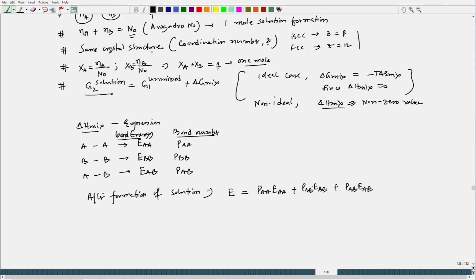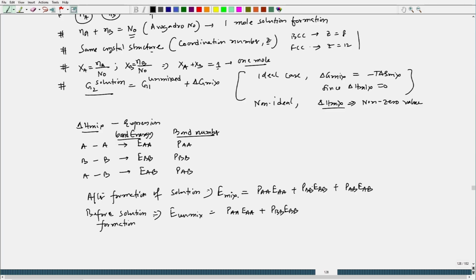This is after the formation of solution. But before that, for unmixed, which is before solution formation, we will only have AA type bonds for pure A, and BB type bonds for pure B.